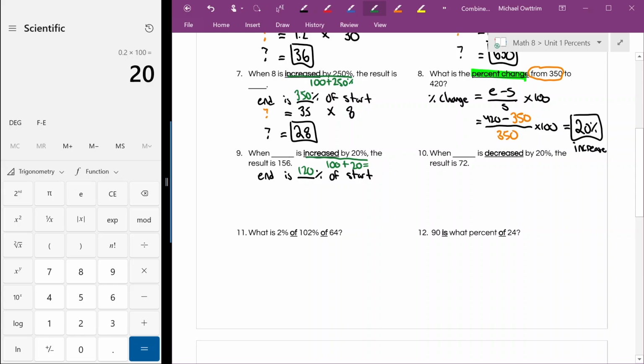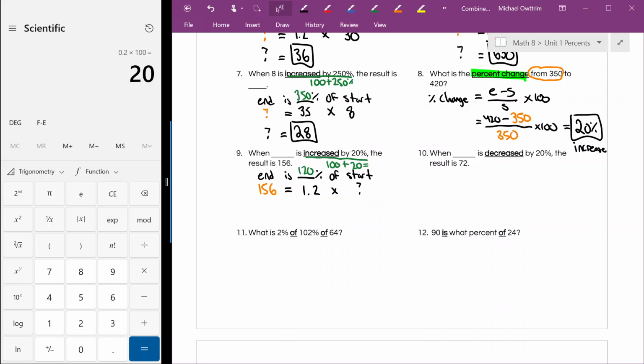Now, we need to fill in our 156, and 156 is the result, or the end number. So we need to make sure it goes in its correct spot of the equation. Now, 120% is 1.2 as a decimal, and it's the start number that I don't know here. I don't know what I'm starting with and increasing by 20.